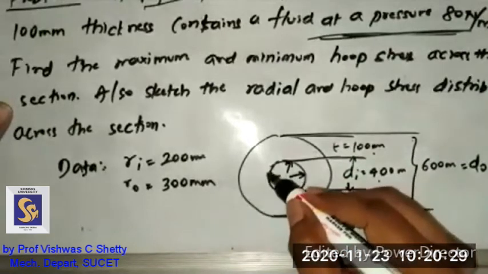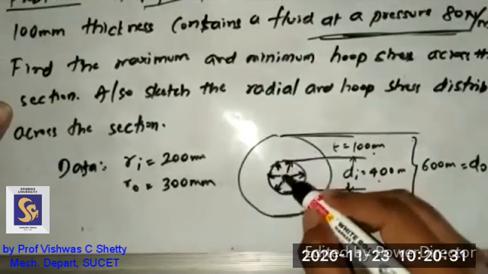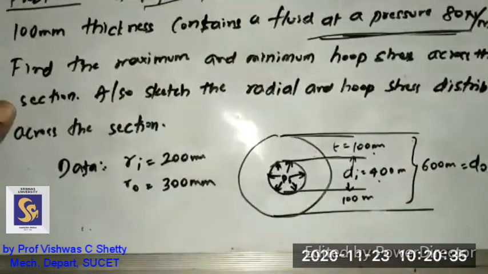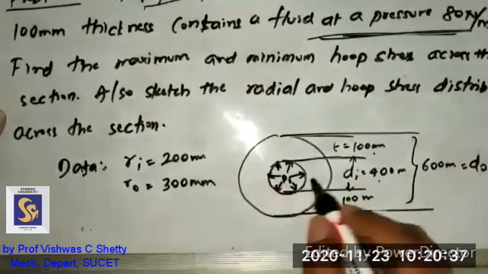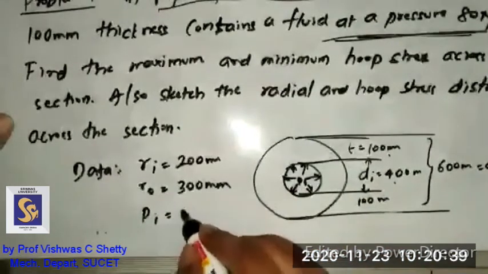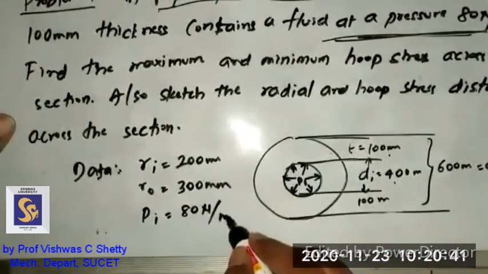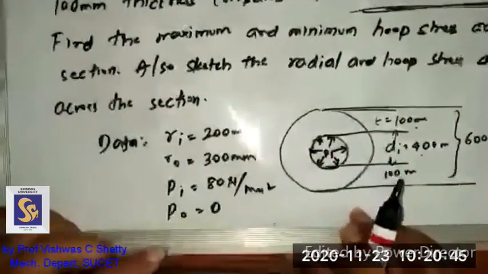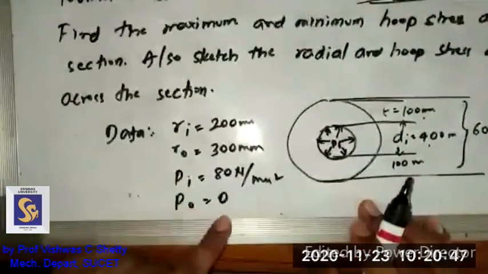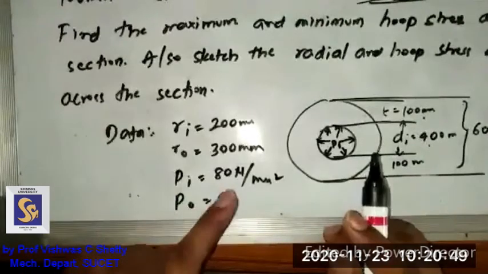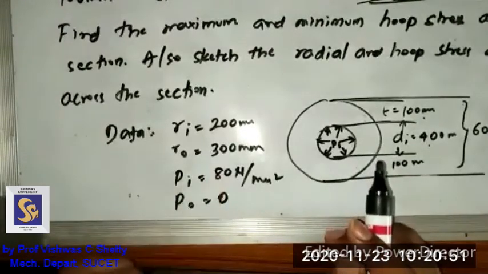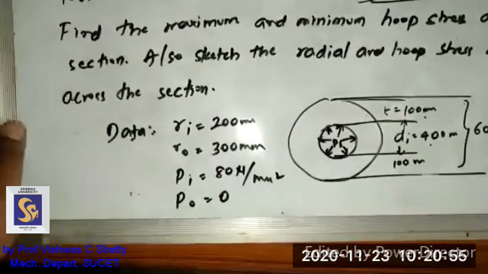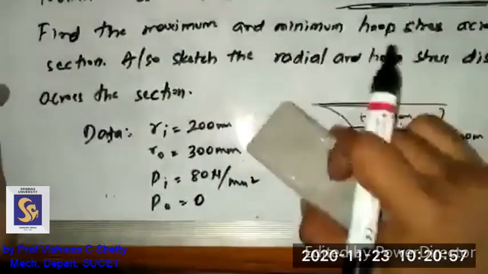So Pi is given as 80 Newton per millimeter square. Outer pressure will be zero because it's not given. Now take the Lame's equation. Noted down the data, right?